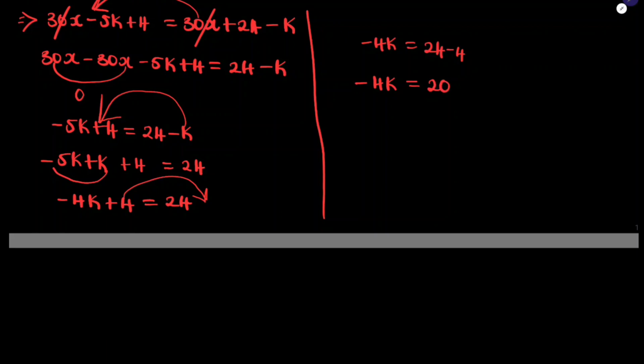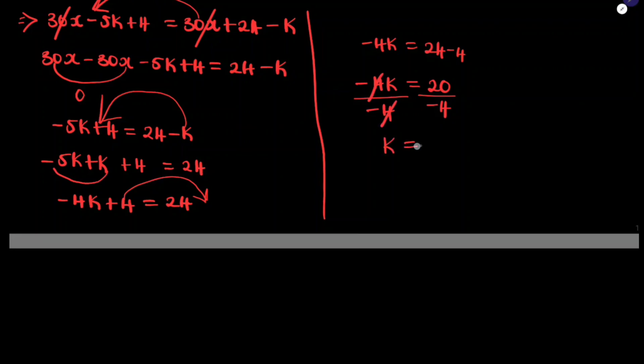But remember, we want to find the value of k. We are solving for k, so we need to make k the subject of the formula. So I'm going to divide both sides by minus 4. So we will have k equals 20 divided by minus 4. We could leave it like that, but we can simplify it further.